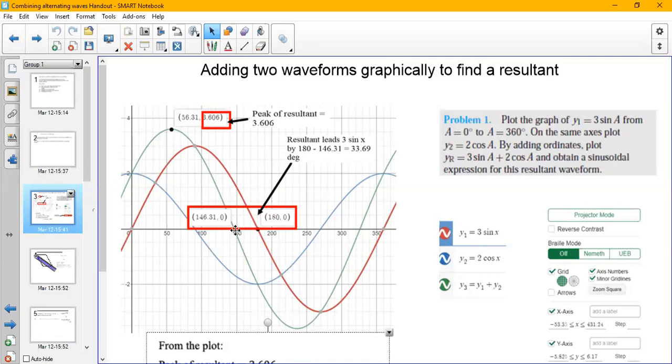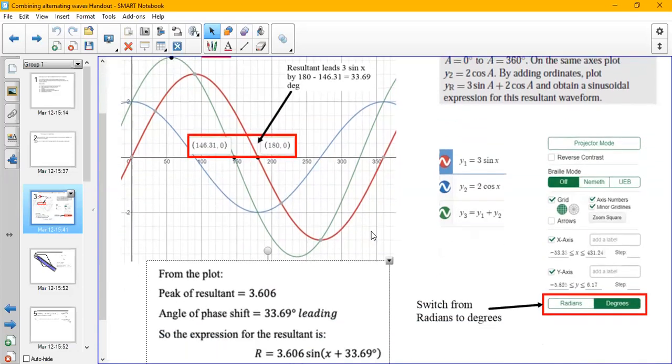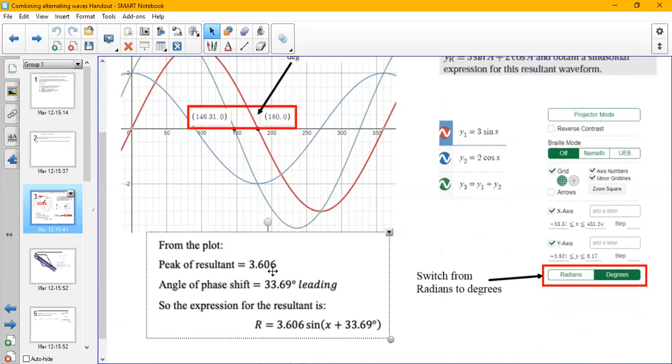We can see that it's leading because it peaks before the red one. We take the point here, 146.31, away from 180 on the x-axis to get the phase angle of the resultant. So this is picking out that detail here. The peak is 3.606.